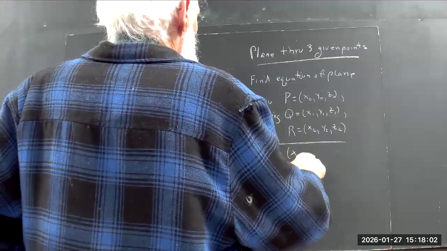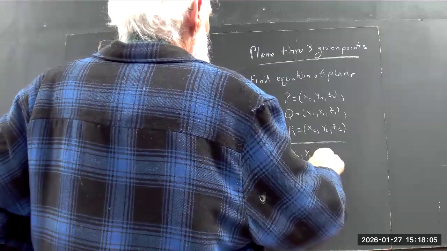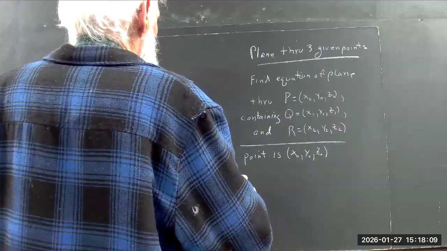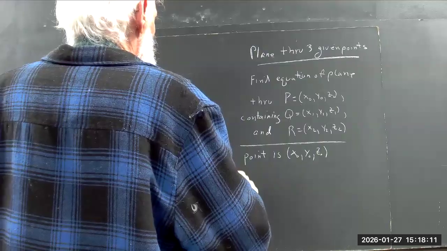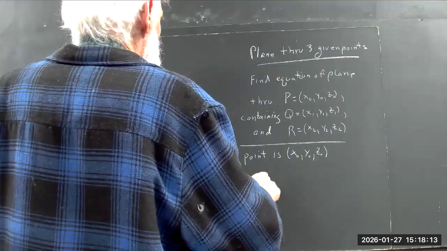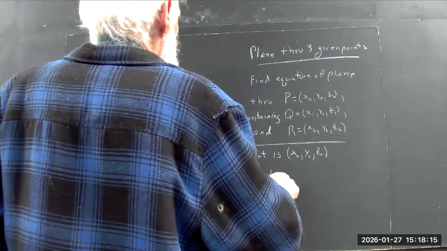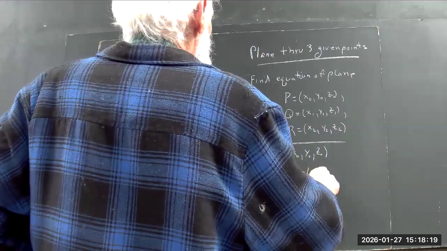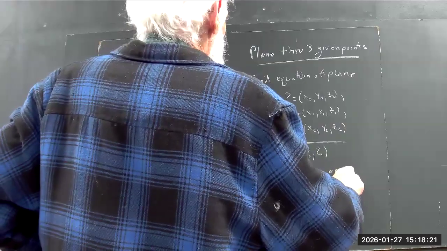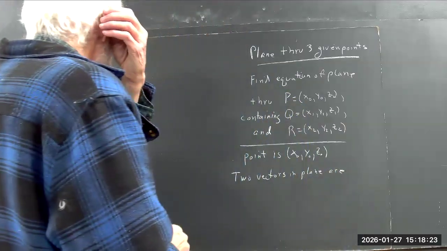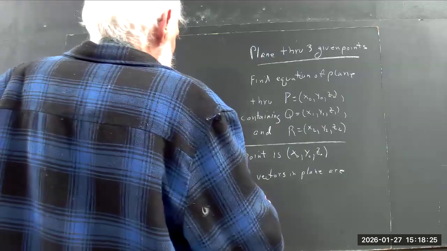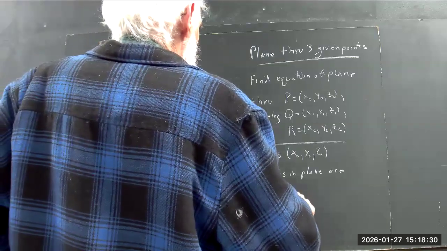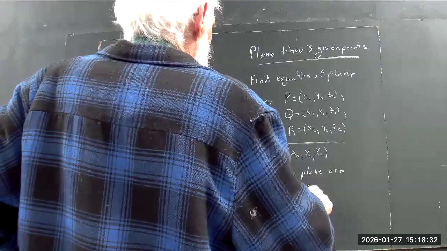What is x naught, y naught, z naught? There are 2 vectors in the plane that we can use, and I'm going to use the vector PQ and PR.